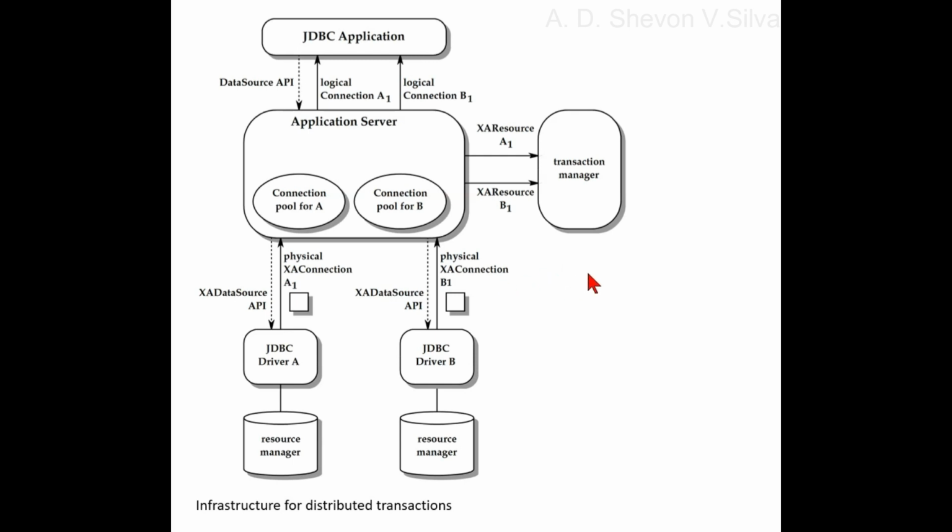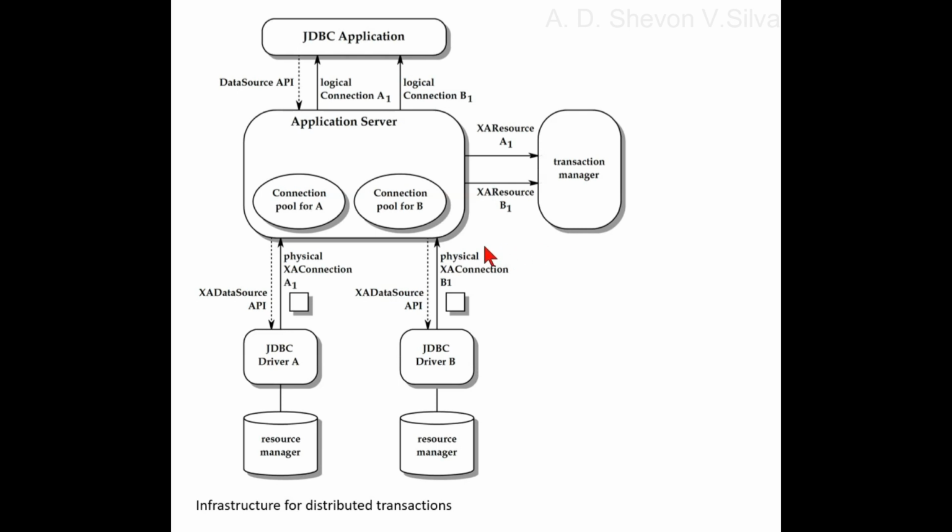Closing the connection. In a typical distributed transaction environment, the middle tier server needs to be notified when an application has finished using a connection. As with the pooled connection object, the middle tier server will add itself as a connection event listener so that it will be notified when the application calls the method connection.close.